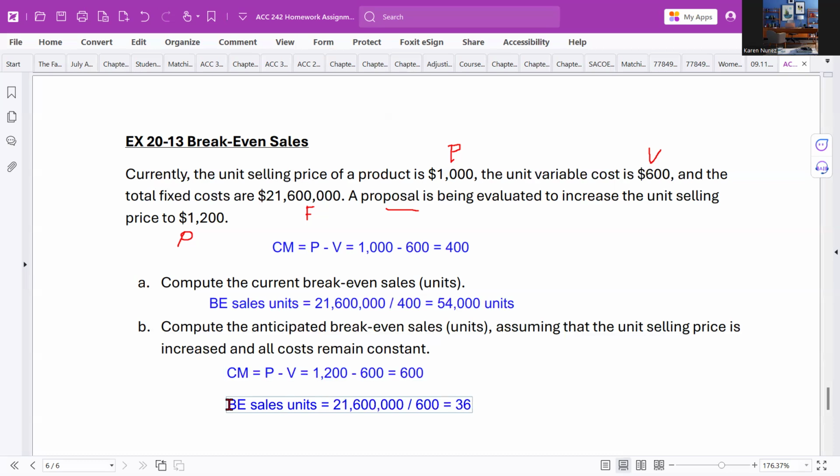In fact, you only need to sell 36,000 units of product if your contribution margin goes up to 600. So that's exercise 20-13, and that actually is the last one that I assigned. Hopefully this session has been helpful and you'll be able to complete your application assignment and your quiz for chapter 20. Take care, and I'll see you in the next chapter.